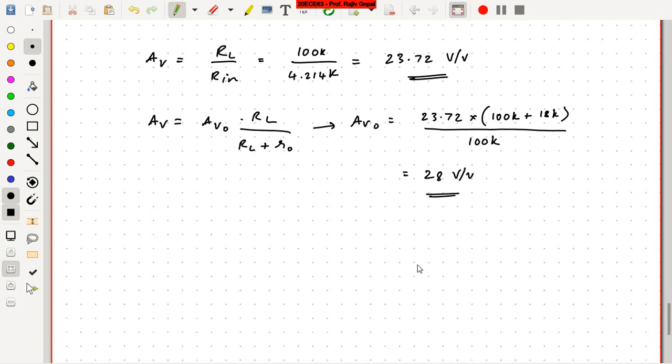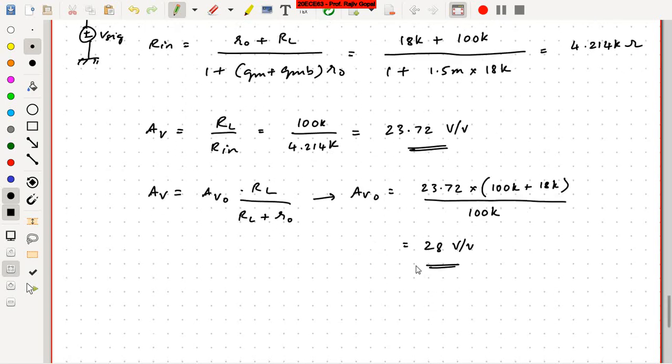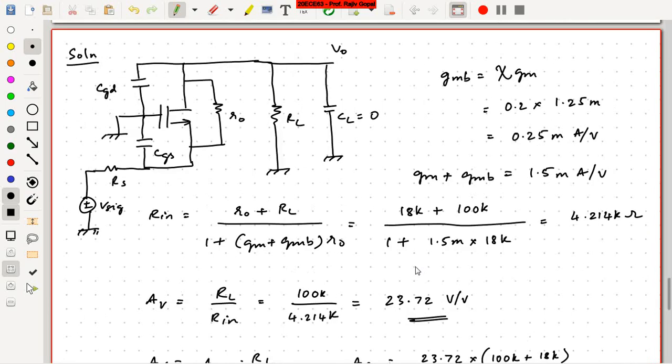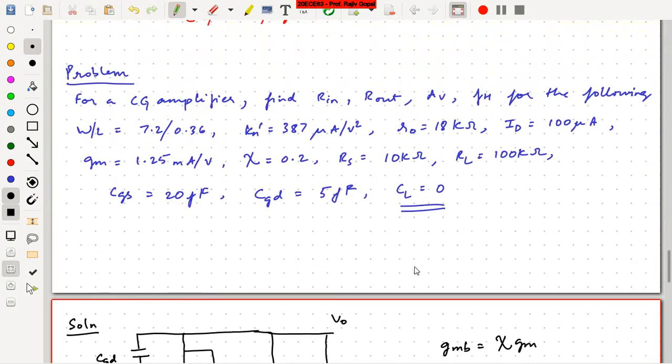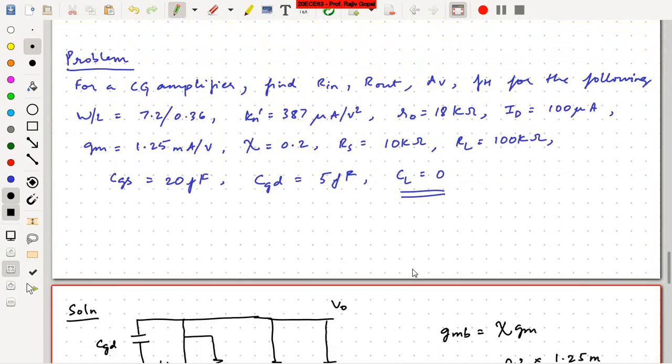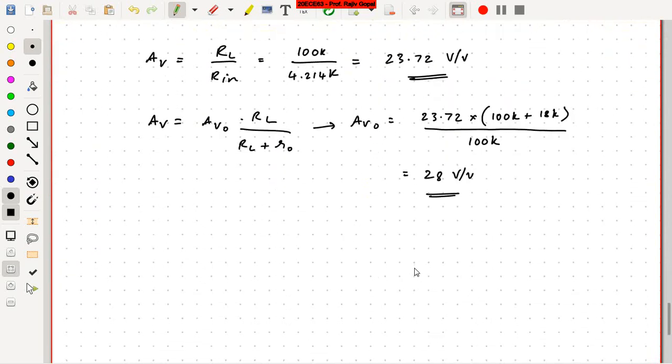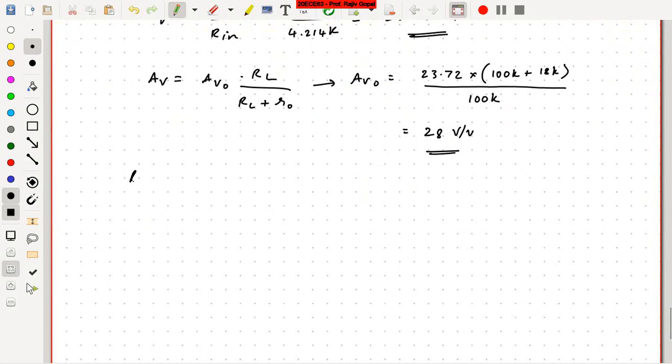Next, AV I have found out. Rn I have found out. Next I have to find what? R out and FH. Okay. R out, there is a straightforward formula. R out is R naught plus 1 plus GM plus GMB into R naught into RS. So substitute all the values.